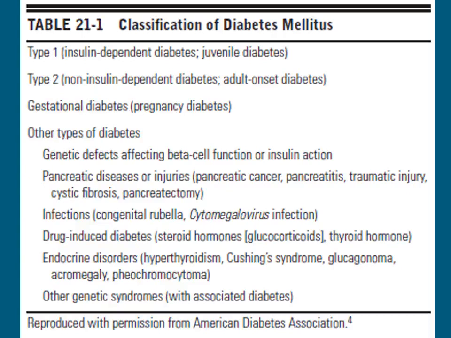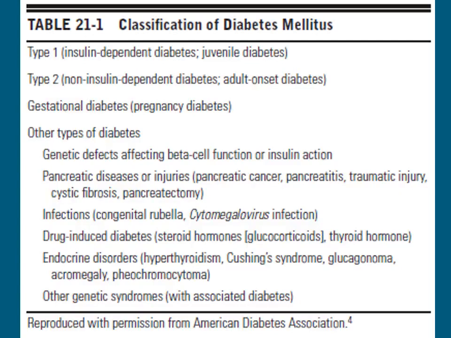Next, endocrine disorders like hyperthyroidism, Cushing syndrome, acromegaly, pheochromocytoma, and other genetic syndromes with associated diabetes. Examples are Down syndrome, Turner syndrome, Klinefelter syndrome. This is the classification of diabetes mellitus.